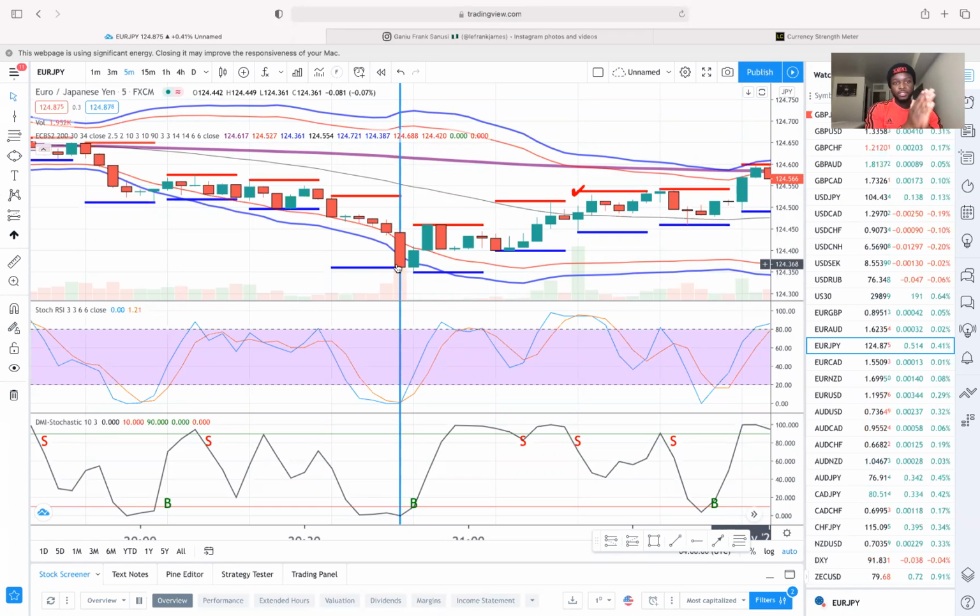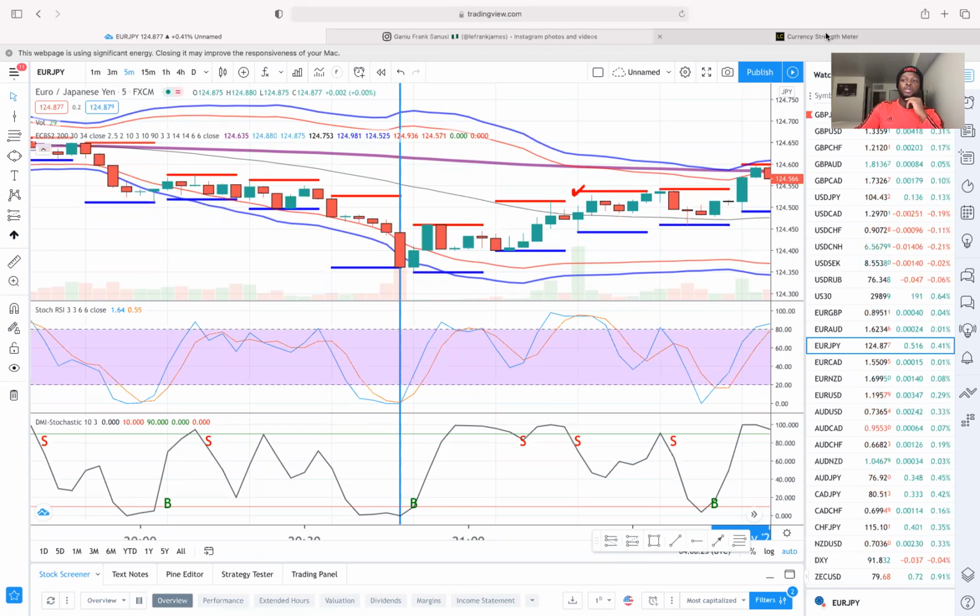If the first currency is stronger than the second currency, that's a buy confirmation. So in this case, euro is the first one, and if it's stronger than JPY, you're looking for buys. It's that simple. If the first currency, though, is weaker than the second one, you're looking for sells. Okay, that's going to take some of you some time to really understand.